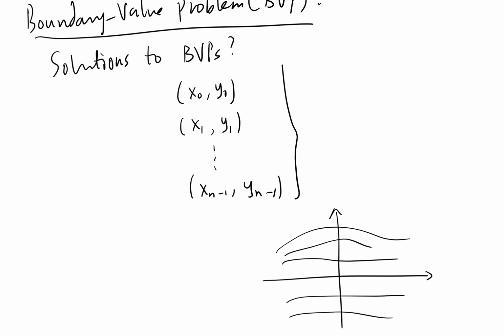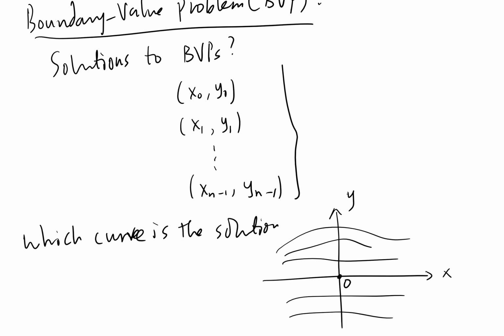But in this case, for this kind of boundary value problem, which curve is considered a solution? Is it all of them or only one of them? So which curve is the solution for the boundary value problem?